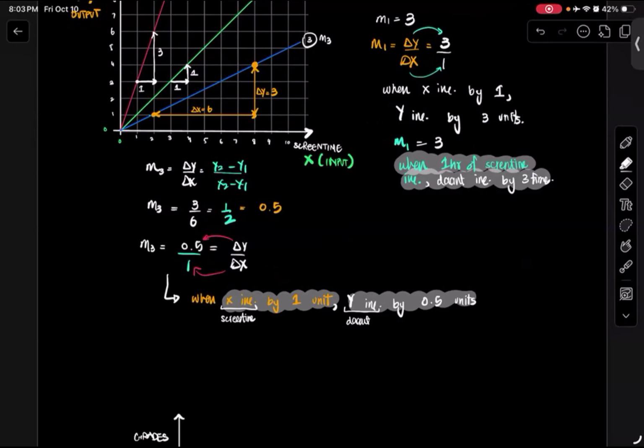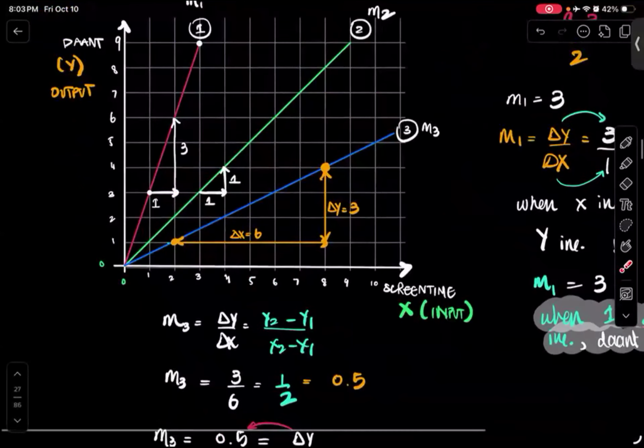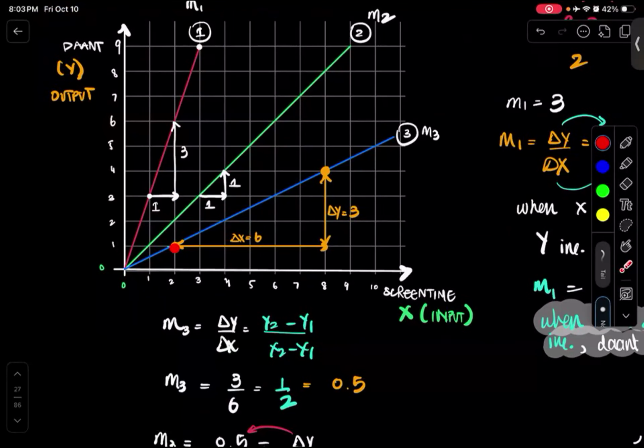Exactly. So it's always about the increase: when you increase your cause by 1 unit, by how much does the effect change? That's exactly what we're trying to study. When I increase my value of x by 1 unit, by how much does y change?